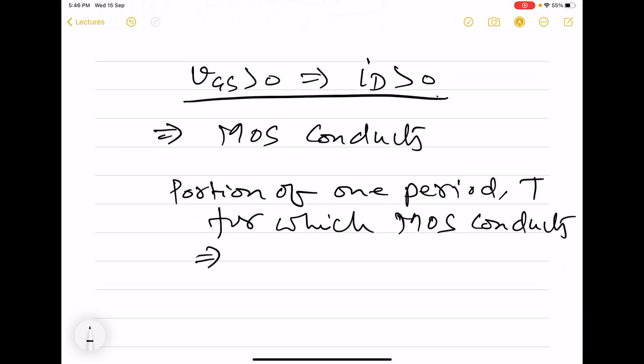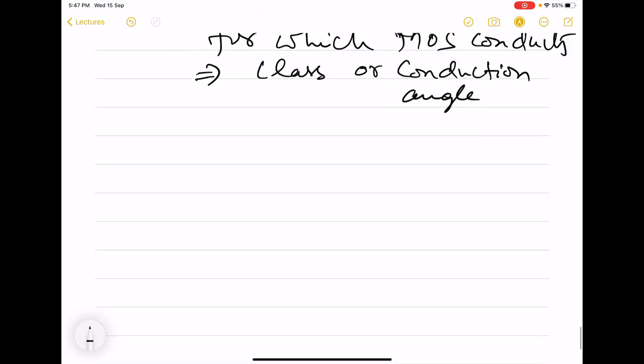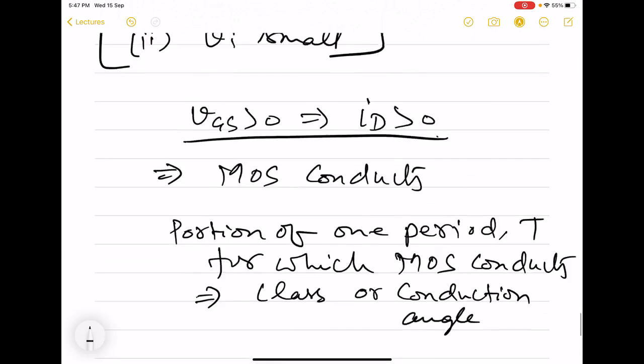This will also lead to various classes, and this will also lead to the conduction angle. So I will first read the conduction angle definition.